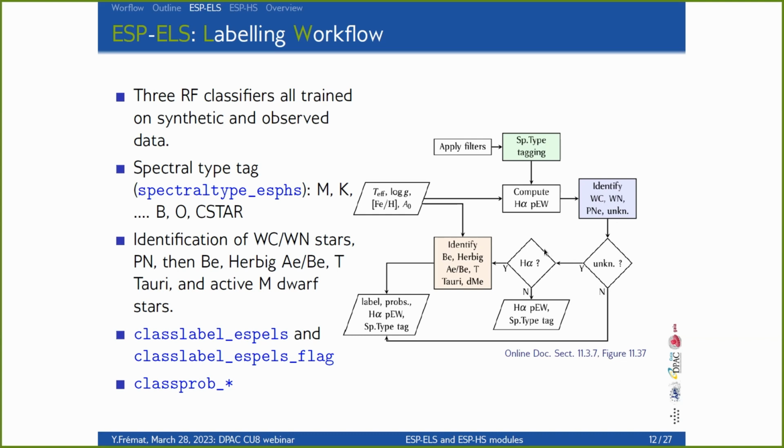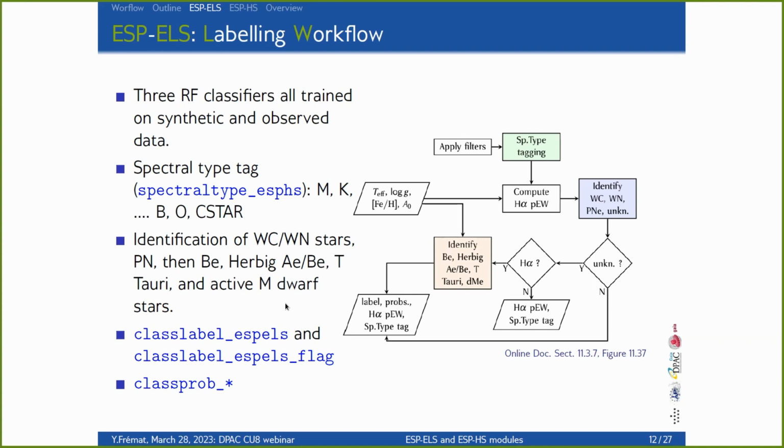So if the star still needs to be classified, we check the pseudo-equivalent width of the H-alpha line, and if emission has been detected, we start the second random forest classifier, which then provides the labeling of the purely H-alpha emitters, which are Be, Herbig Ae/Be stars, T-Tauri stars, and chromospherically active M-type stars.